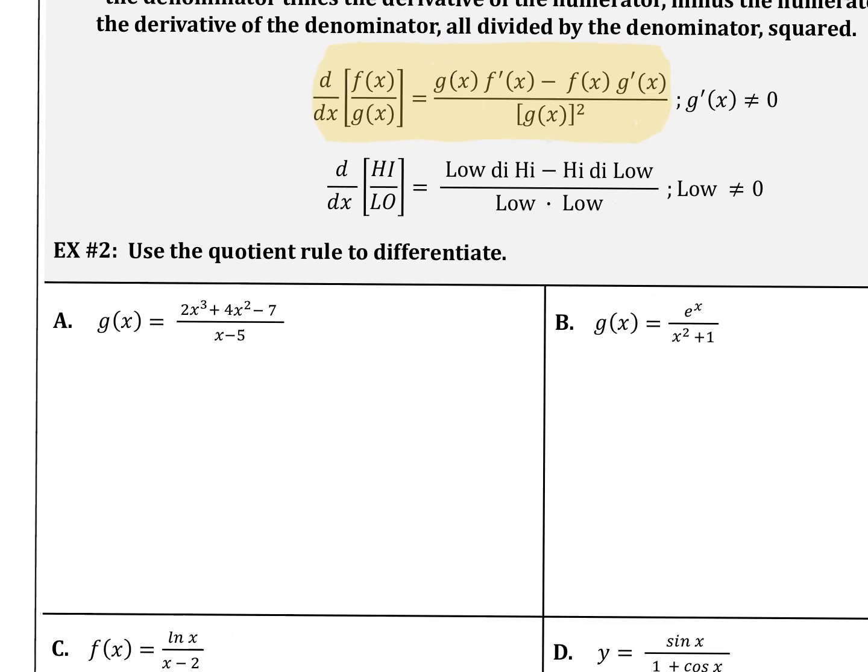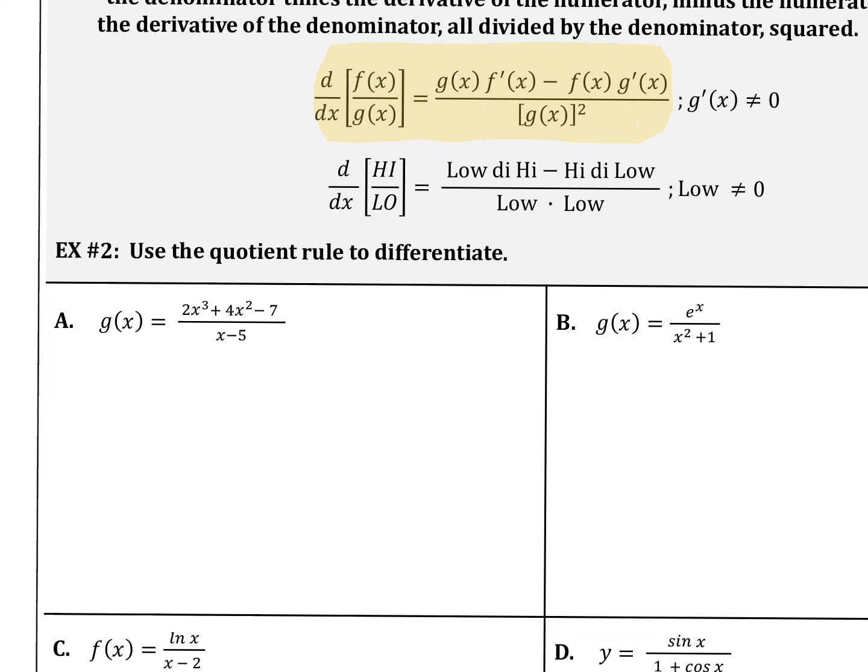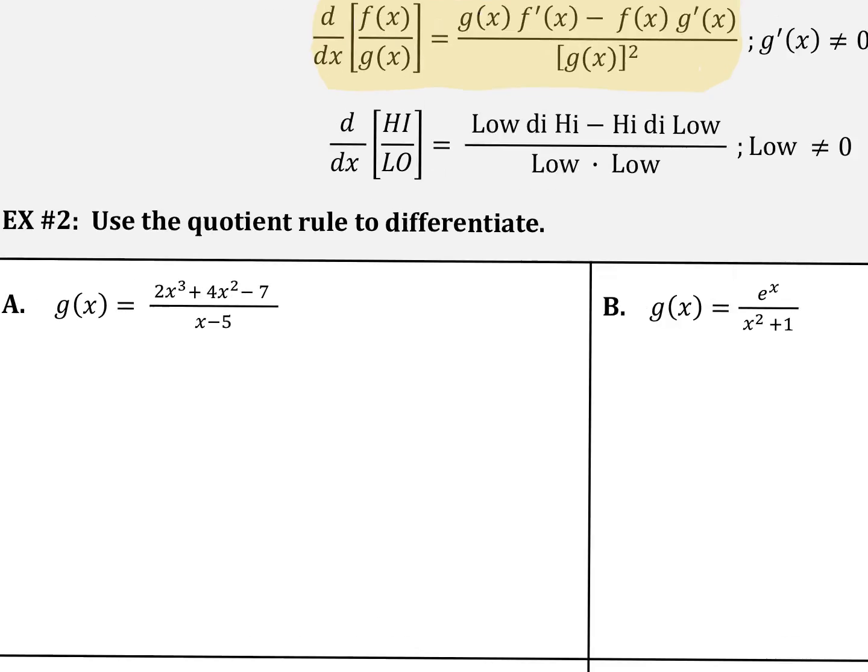This one is the bottom, so it's x minus 5. So, we're going to start with example A here.